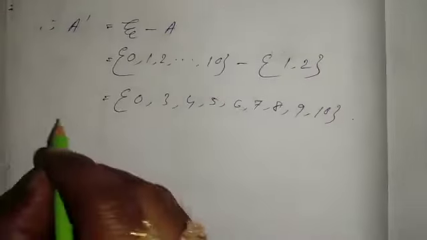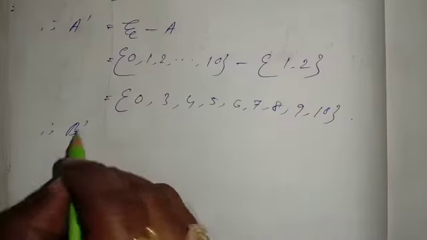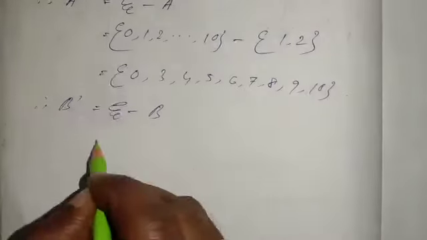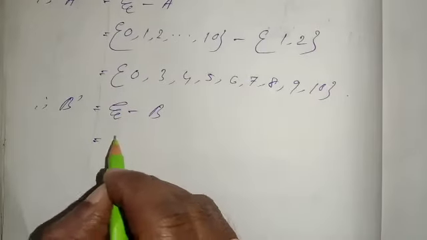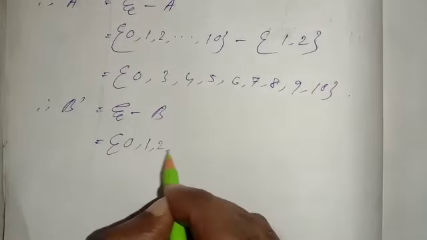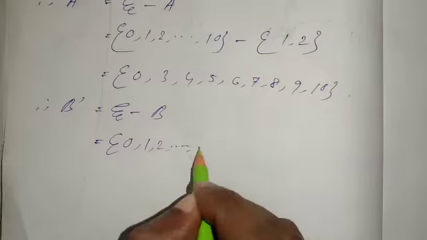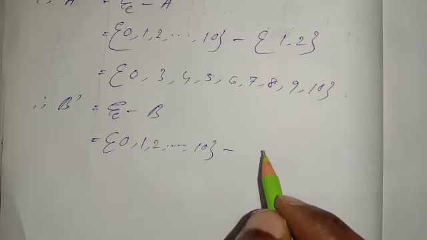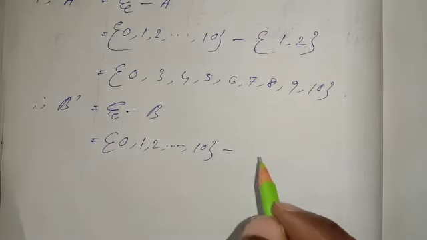Next you have to find out B dash, that is B complement. B complement will be universal set minus B set. Universal set is 0 to 10, 0, 1, 2 dot dot up to 10 minus B set. B set is how much?